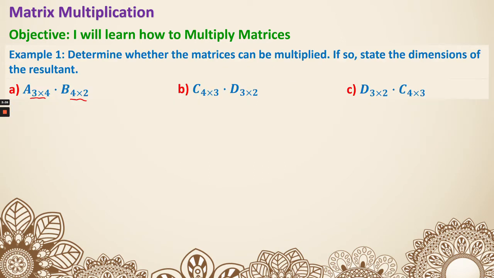Here, the number of columns is right here, 4 for the first matrix. Number of rows for the second matrix is right here, 4. And they are the same, so yes, we can actually multiply them. And now if you look at these, when we write down the numbers, we are deciding using the inner dimensions. If the inner numbers are the same, that means we can multiply them.